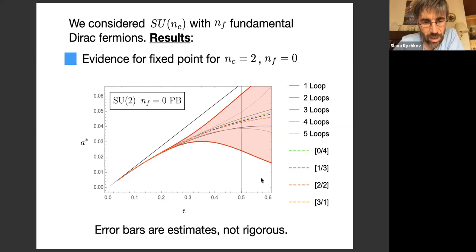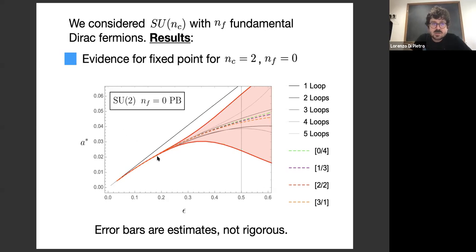Maybe Fabiana can correct me, but my memory is that we get a very similar figure, but the central value gets lower and lower, the error bar stays approximately constant, and then at some point we lose control.